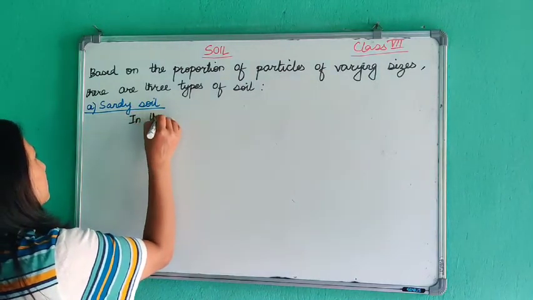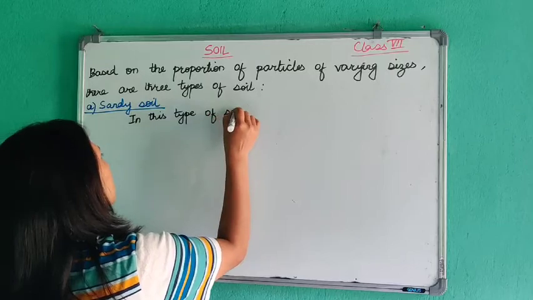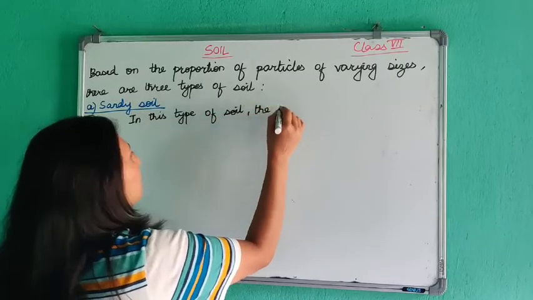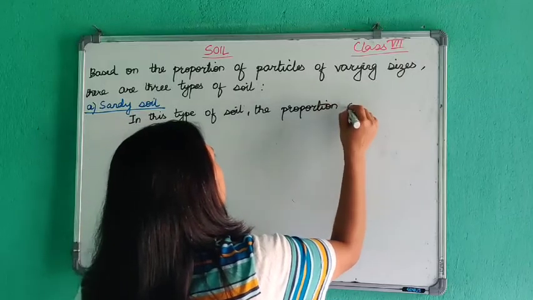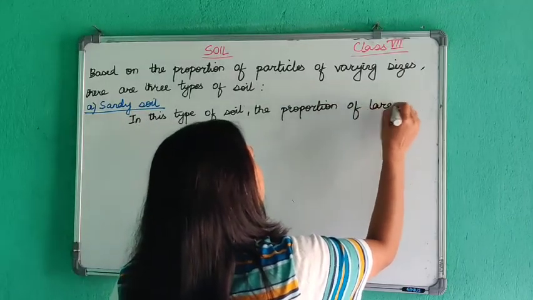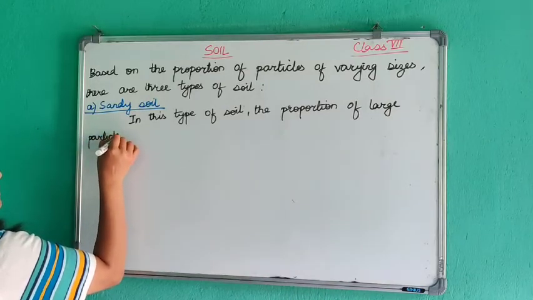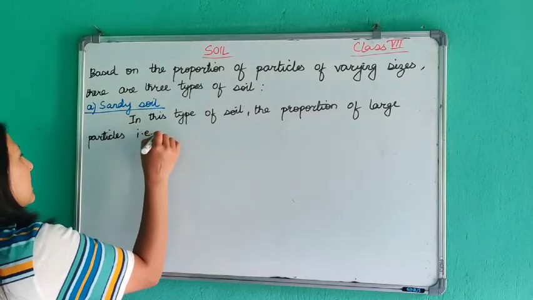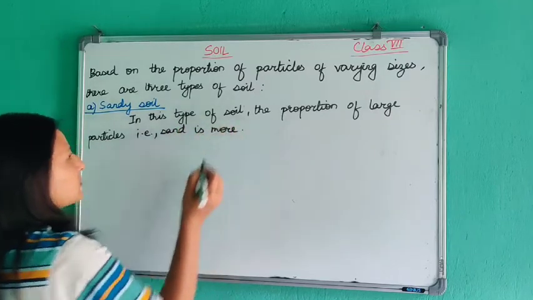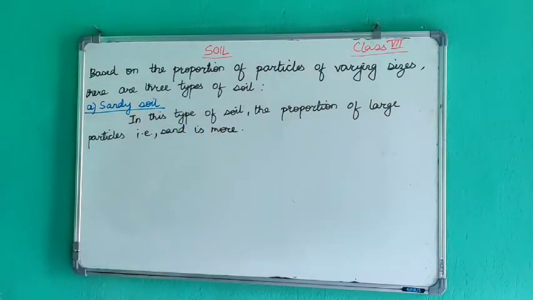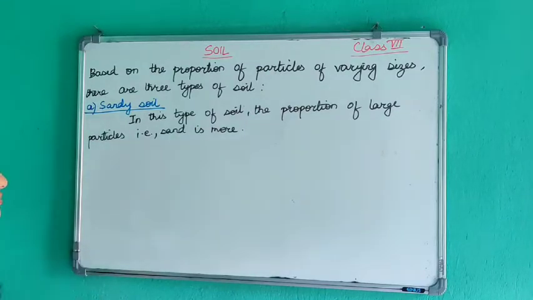In this type of soil, the proportion of large particles, that is sand, is more. So basically यसमा large particles, that is sand ज्यादा मात्रामा हुन्छ.